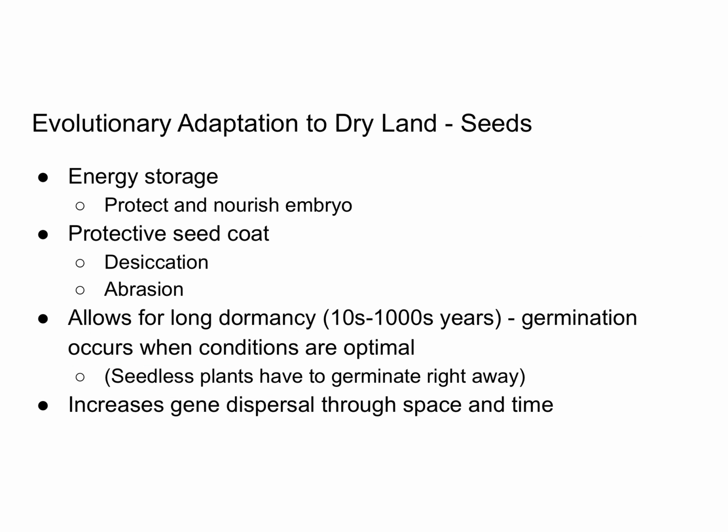One adaptation that allowed gymnosperms to evolve and survive and become more successful is the development of seeds. And seeds have a couple of different structures associated with them that provide different functions that help with the survival of gymnosperms. So first of all, seeds store energy, and that helps to nourish the developing embryo. And an embryo is basically a developing baby plant.